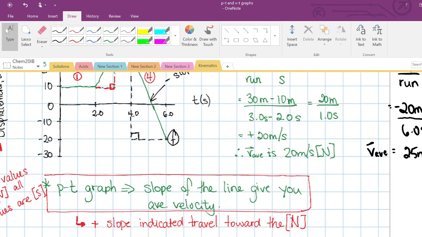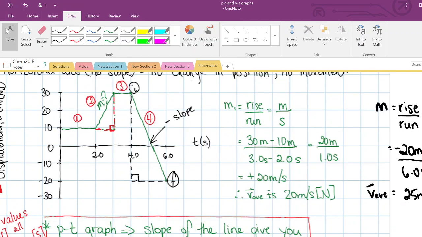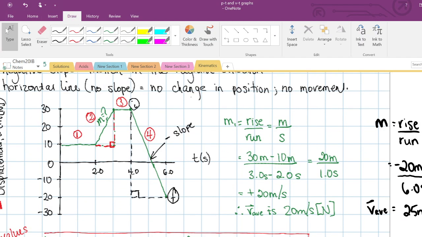Okay, that's if I wanted to figure out the velocities over specific times. Now, the other thing I can do, and I haven't done this for you, but we're going to do it because we're going to practice it in class, is ask, well, what is the average? We figured out the average velocities over specific time increments. What if I was to ask you, what is the average velocity over the entire trip? And you have to remember that average velocity is our total displacement divided by the total time it takes for us to cover that displacement.